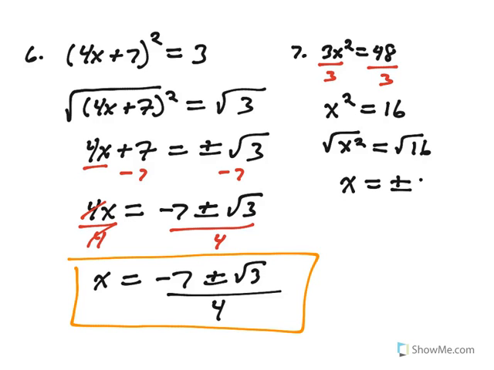This is going to be plus or minus 4. Okay? So that one was pretty easy. Just divide the coefficient and then take the square root of both sides, and then you'll get your solution. Okay, I hope this video was helpful in solving basic quadratic equations using the square root method.